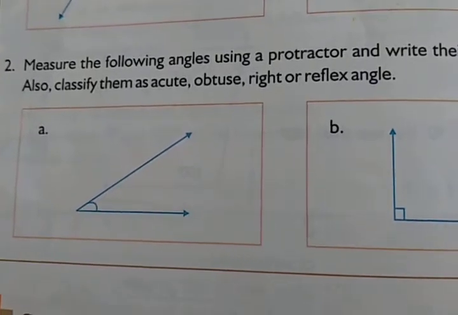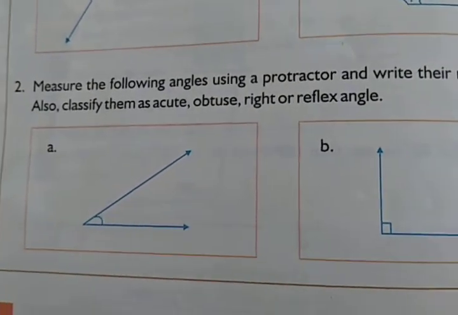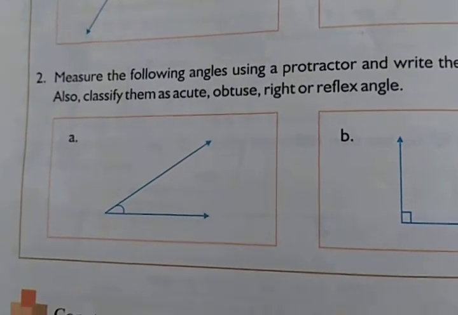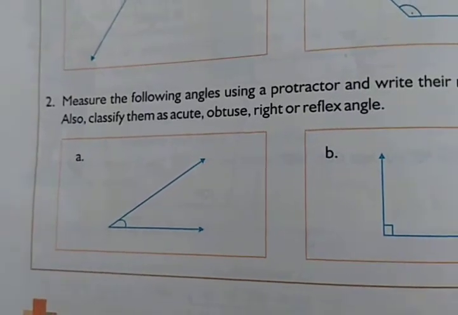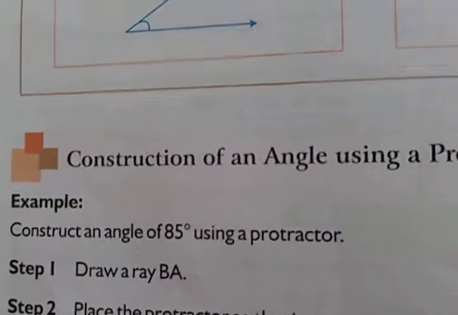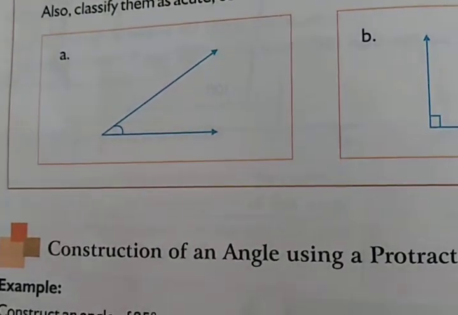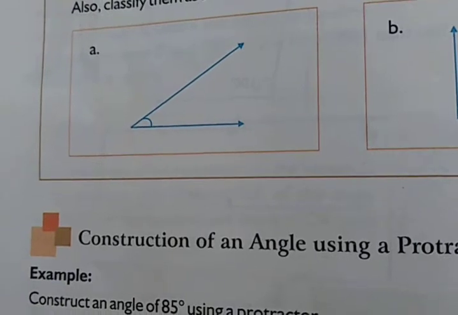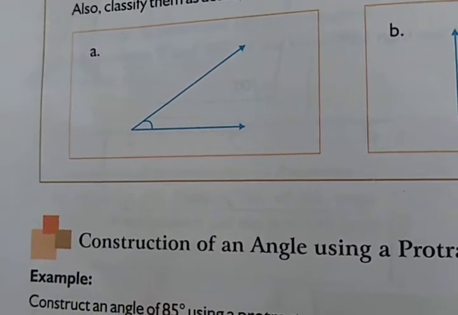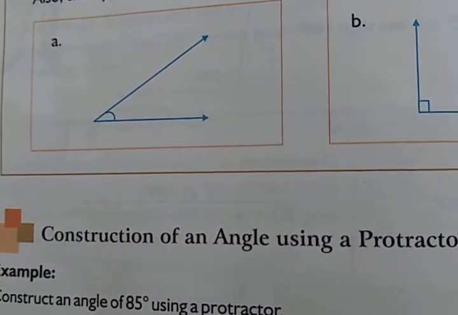If you don't have a protractor, please arrange it, because in the next exercises we are going to learn about the construction of an angle using a protractor. We will learn how to draw an angle, how to construct an angle by using a protractor.